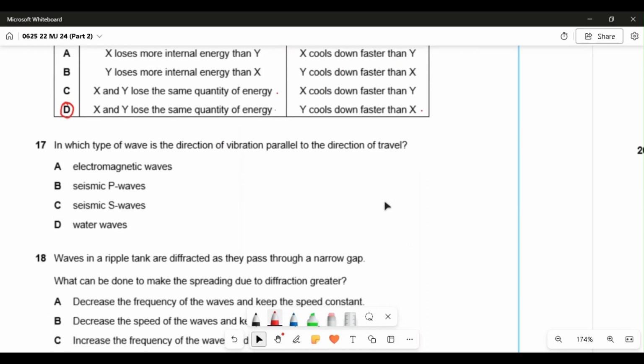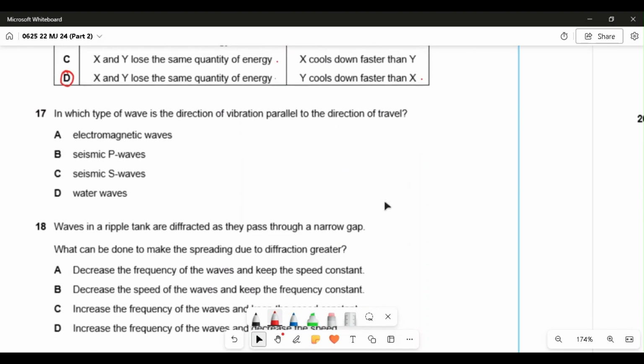In which type of wave is the direction of the vibration parallel to the direction of travel? We know that there are two types of wave. One type of wave is this one, in which vibration and the direction of propagation are perpendicular. This is called transverse.